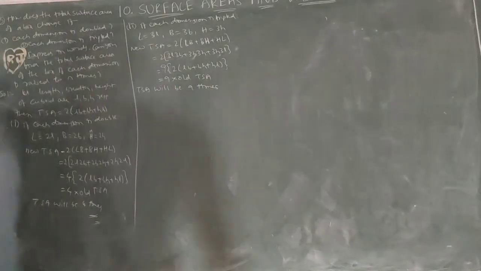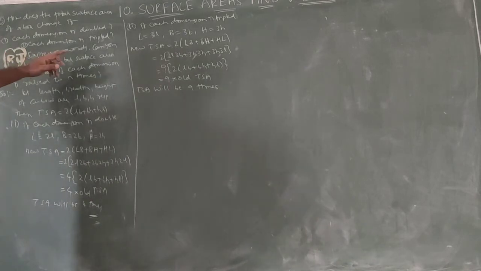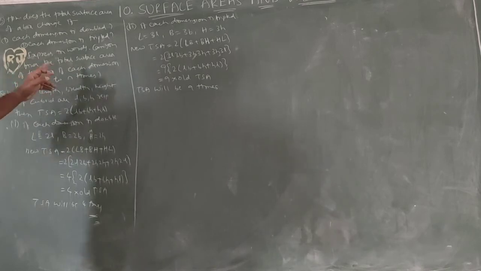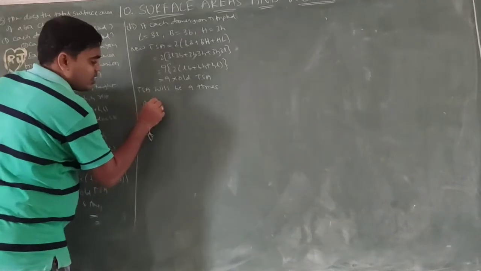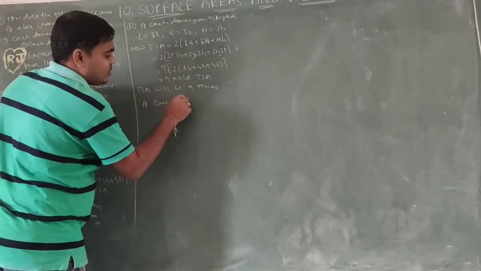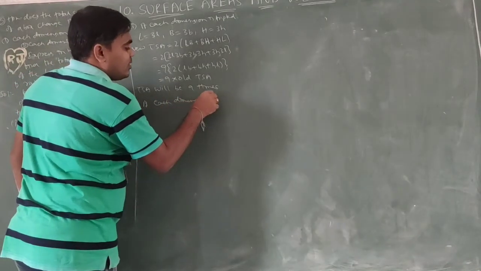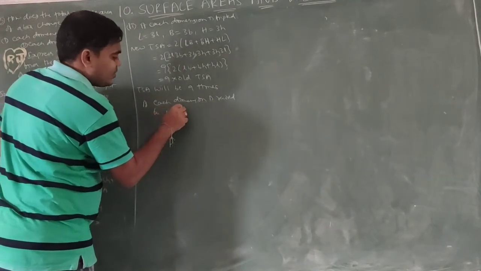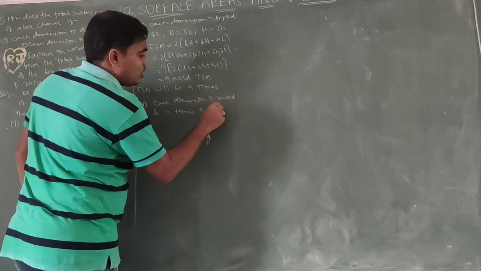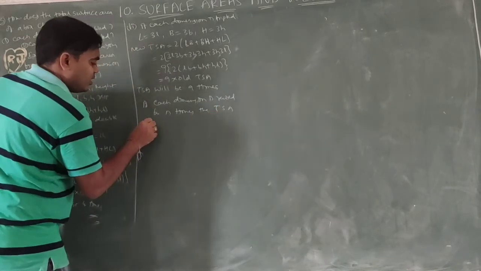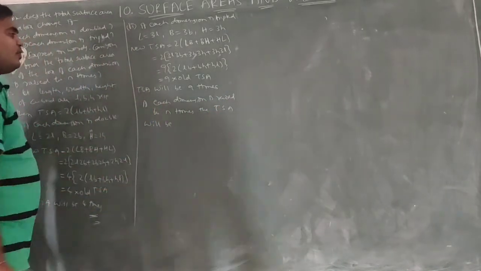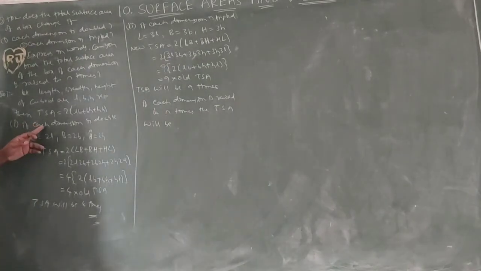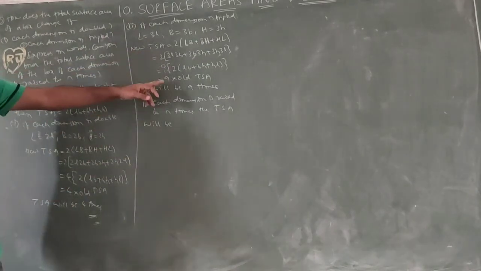Now, express in words: can you find the total surface area of the box if each dimension is raised n times? If we observe, if each dimension is doubled, TSA is 4 times; tripled, 9 times.